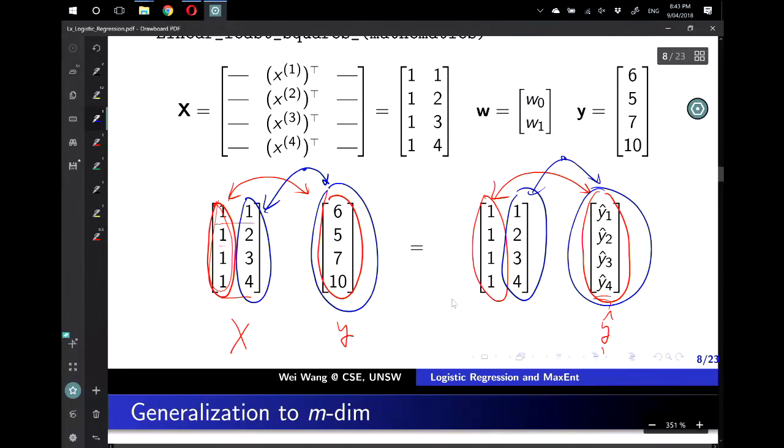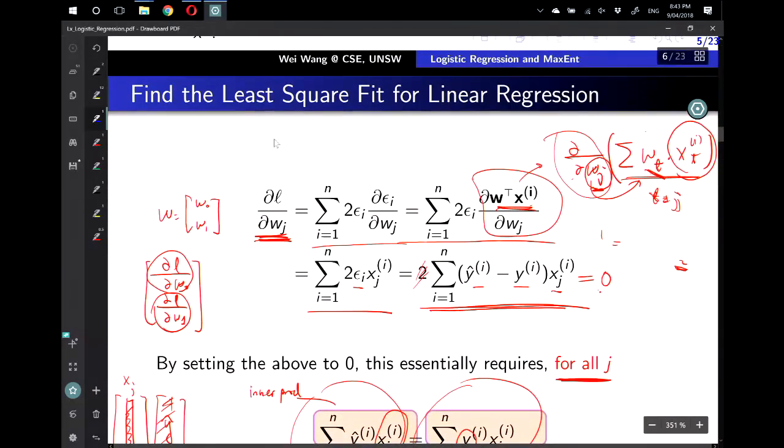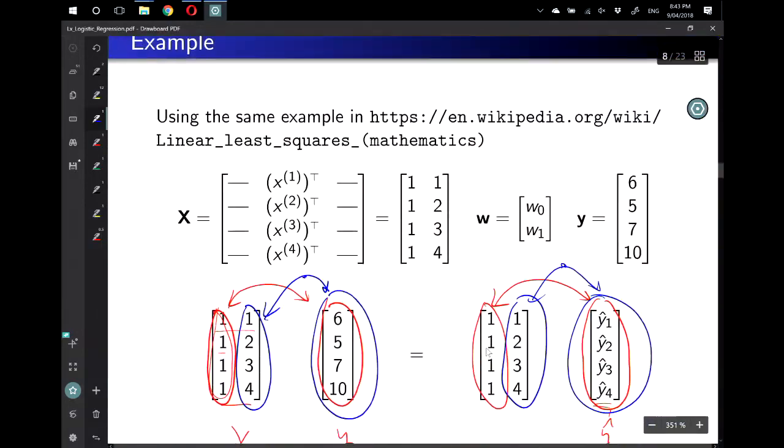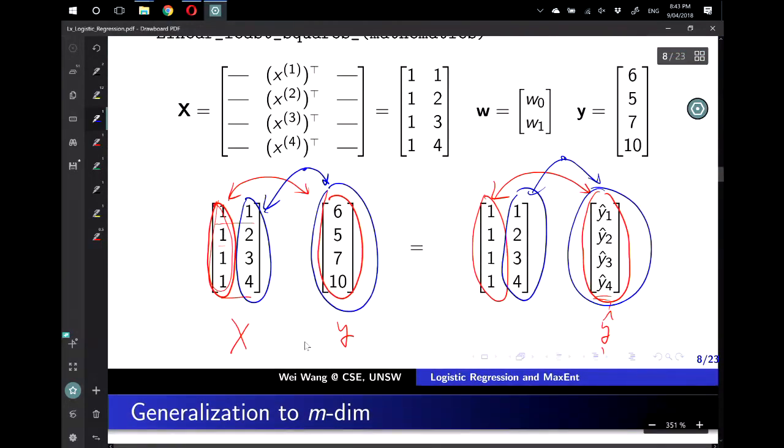Okay, but you avoid all the dirty mathematics, because otherwise, you can list all the equations and plug into the previous formula, and also you can do the minimization without using the vector. But using vector actually gives you a much clearer picture, and this kind of picture transfers to much more complex models.